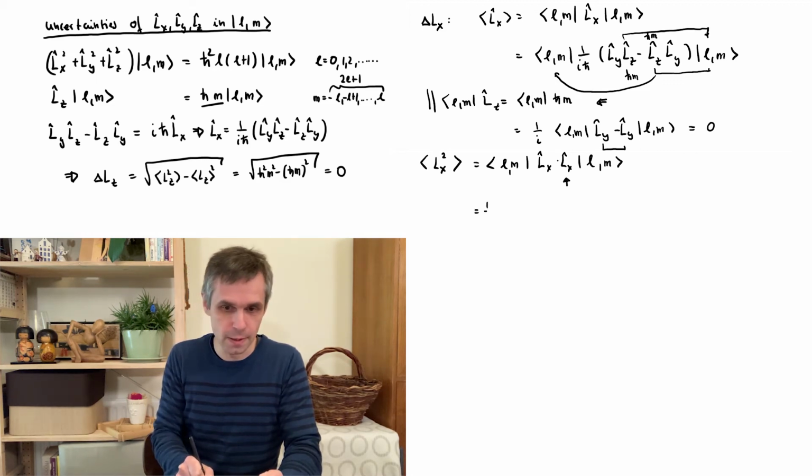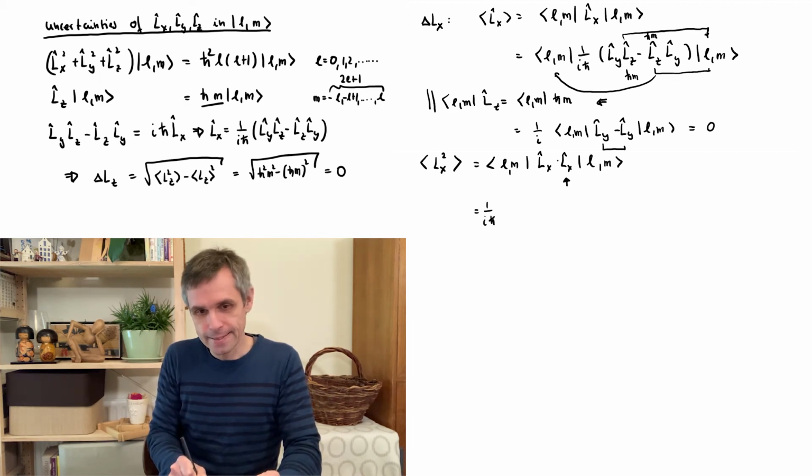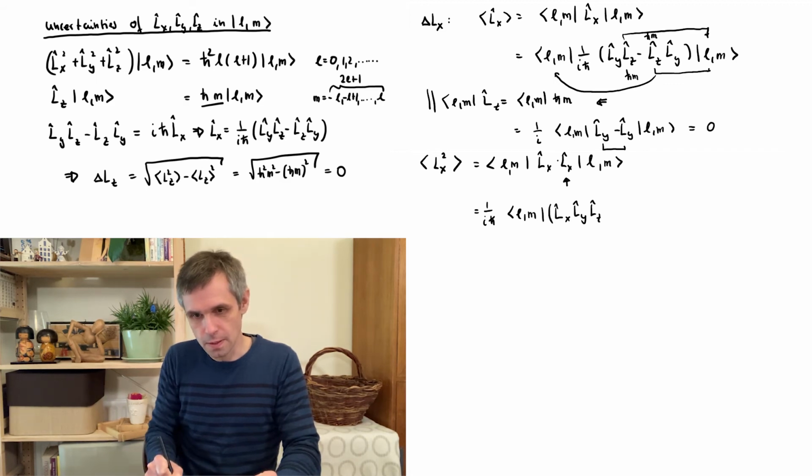I'm going to extract immediately this factor 1 over i h bar, and then we have the following products of angular momentum components, one in this order and one in this order here.